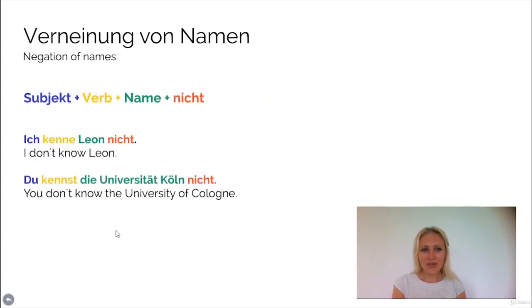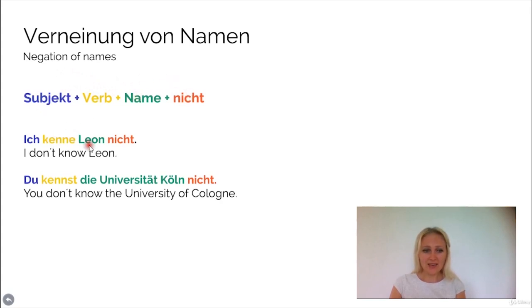Okay, then we have the negation of names. If you want to negate a name of a person or also a name of an institution, for example. It could also be a name of a city, or even a country, because it all has a name. The sentence structure would be as follows: Subjekt, Verb, Name, und dann nicht.